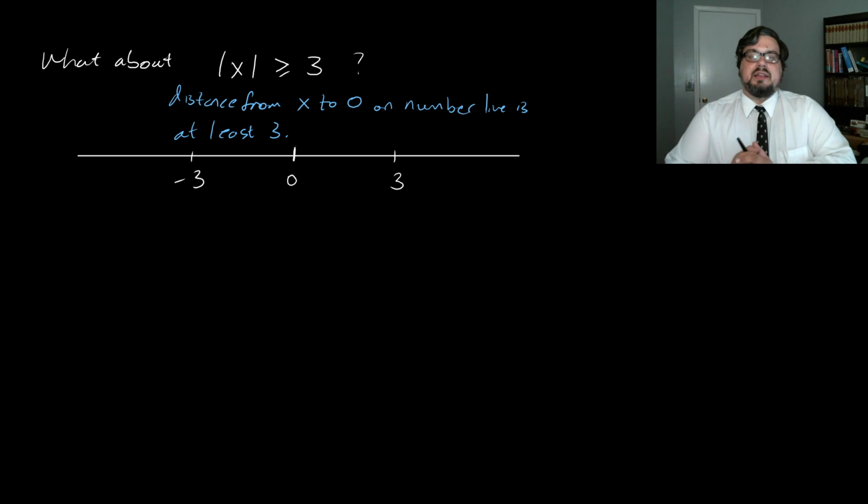So this is saying that the absolute value of x has to be bigger than something. The absolute value of x can't be too small. The distance from x to 0 on the number line has to be at least 3.